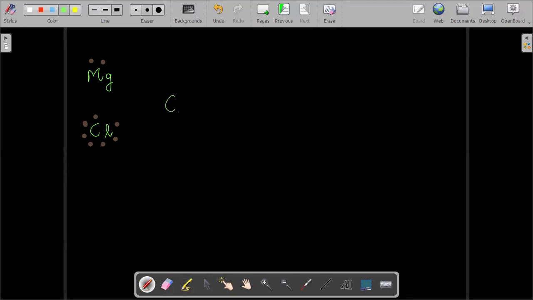We need to write another chlorine atom here with 7 electrons. So this chlorine atom has 1, 2, 3, 4, 5, 6 and 7 electrons. Now 1 electron is transferred to each chlorine, then your magnesium becomes Mg2 plus, and you have 2 chloride ions.